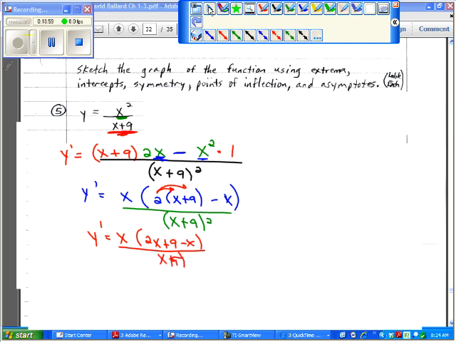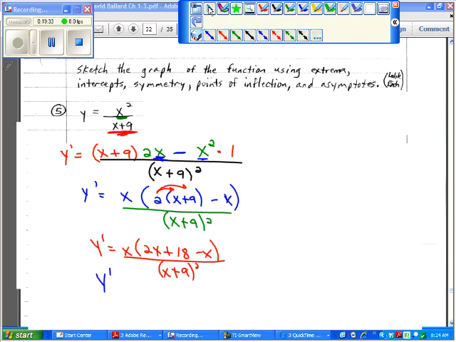I didn't distribute the 2. I need to quit making mistakes on this video. Okay, so we're going to have y prime equal to x times 2x plus 18, that's better, minus x, over x plus 9 squared.